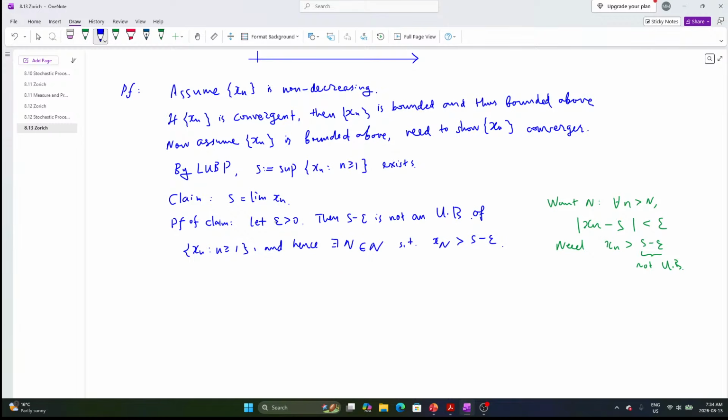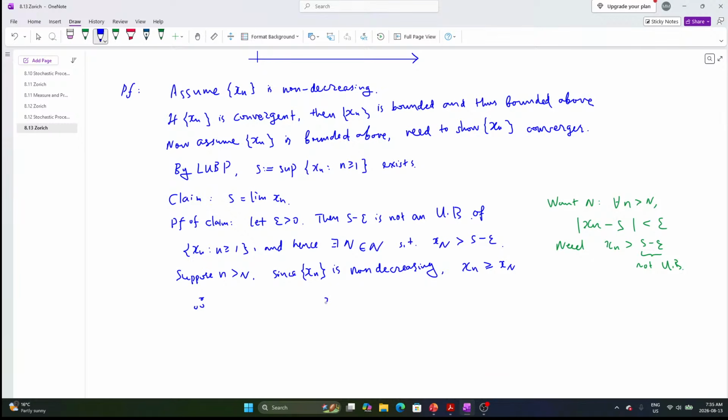Okay, and now you can use the monotone assumption. So suppose little n is greater than big N. Since xn is non-decreasing, the sequence is non-decreasing, we have xn is greater or equal to x big N. So therefore, overall, you have the following.